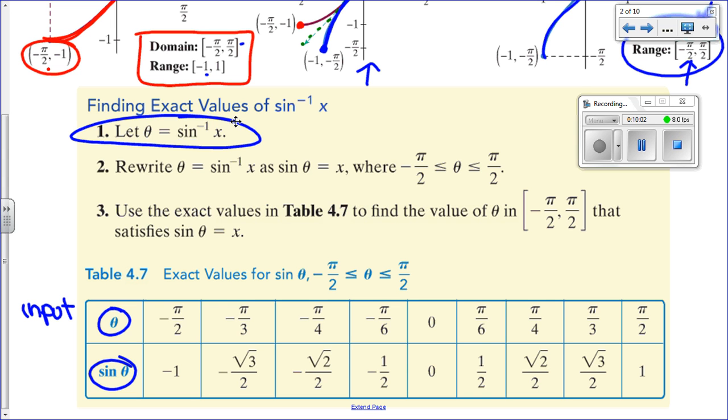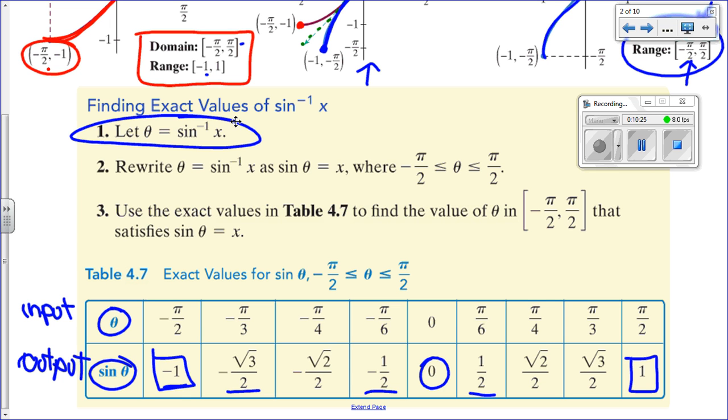And then the output is the trigonometric ratio. And we know that they go from -1 to +1, and then all the values in between. So it makes sense. We have 0 in the middle, we have -1/2, we have +1/2, and so on.